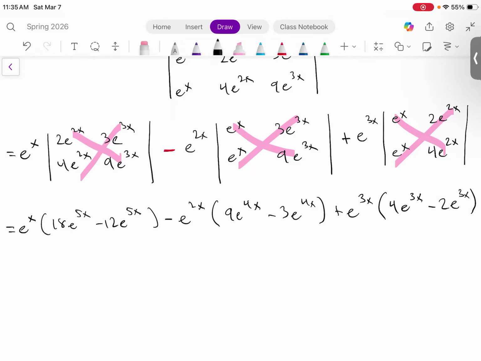Okay, so things simplify down quite easily since all of our exponents are of the same terms. So it becomes e to the x times 6e to the 5x, minus e to the 2x times 6e to the 4x, plus e to the 3x times 2e to the 3x.